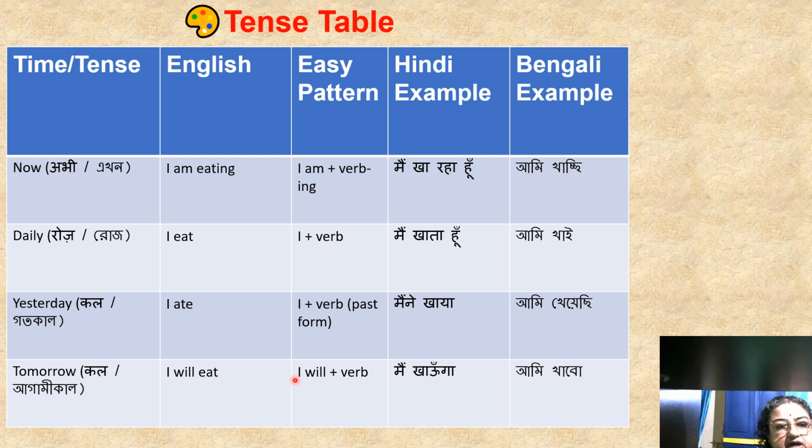Here I have used eat, one type of verb, to make you understand clearly. I will eat, I will plus verb is the pattern of the sentence. मैं खाऊंगा, আমি খাবো। So not yet done, it will happen. So tomorrow, that's why आगामीकाल और काल.